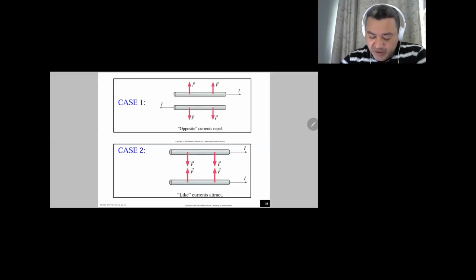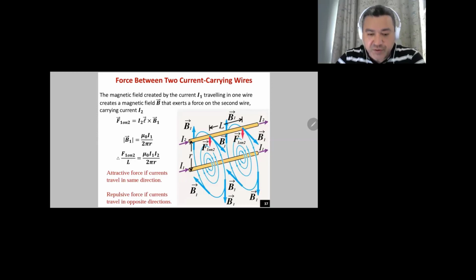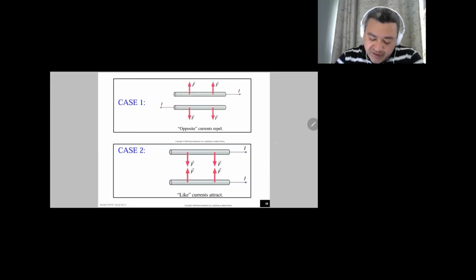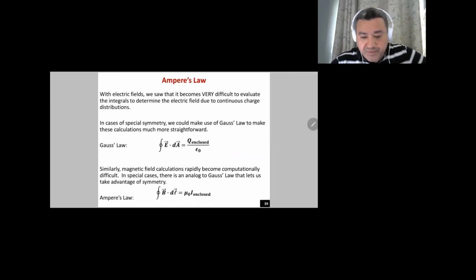As I said, if we divide this force by the length, you get the force per unit length. This is the case that we have derived the magnetic force for. If both currents are going in the same direction, the force would be attractive. If the currents are going in opposite directions, the force would be opposite in direction. However, both are equal in magnitude.